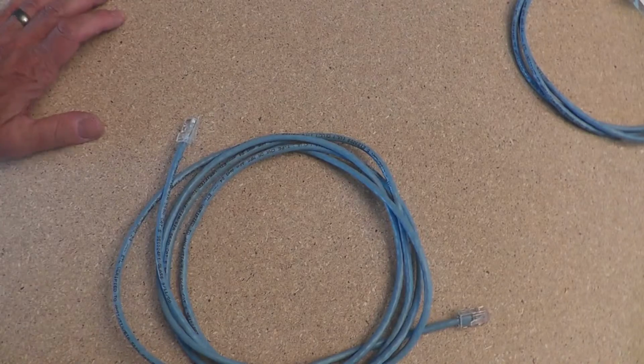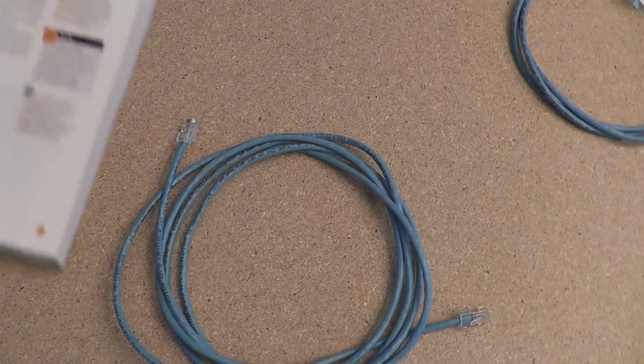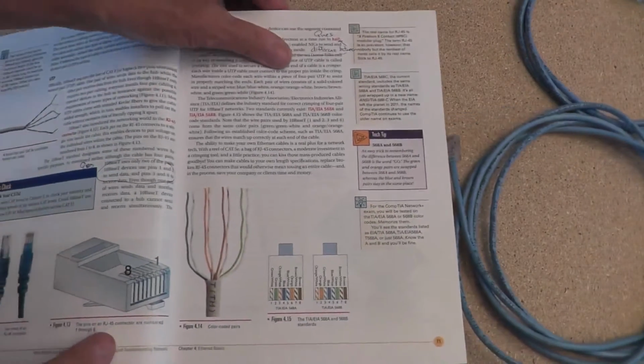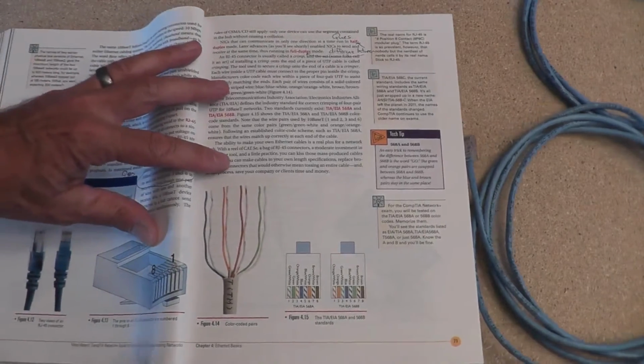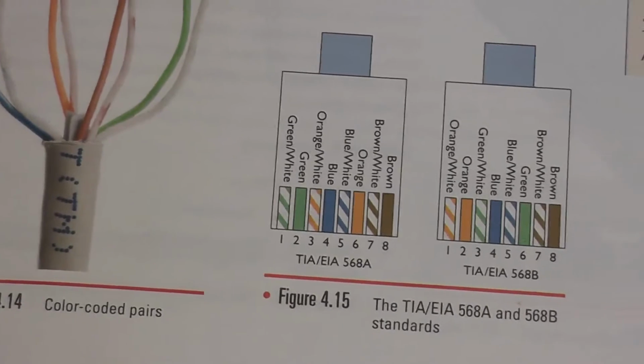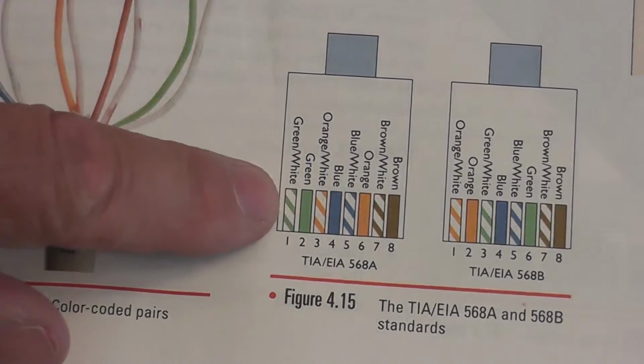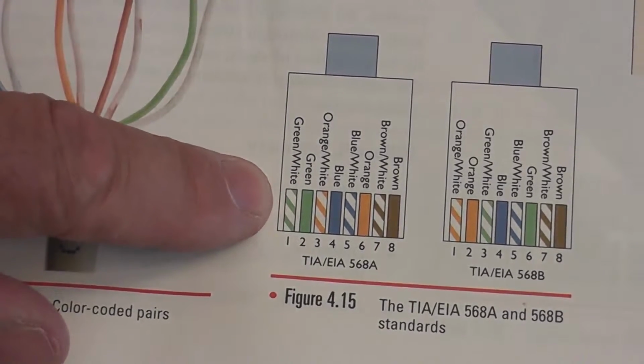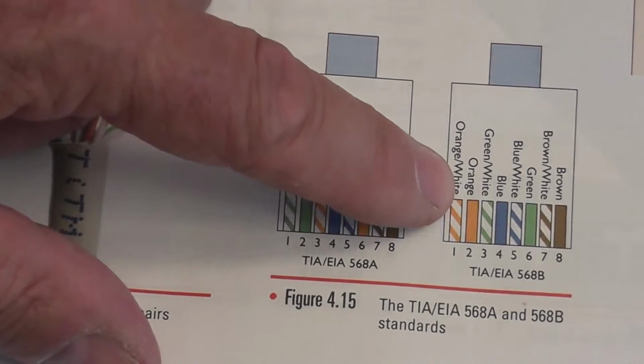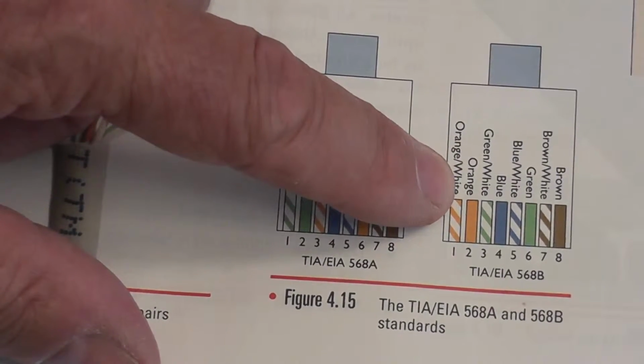Well, a straight through cable, if I come back to the book, is one that is wired to either the A standard on both ends or the B standard on both ends.